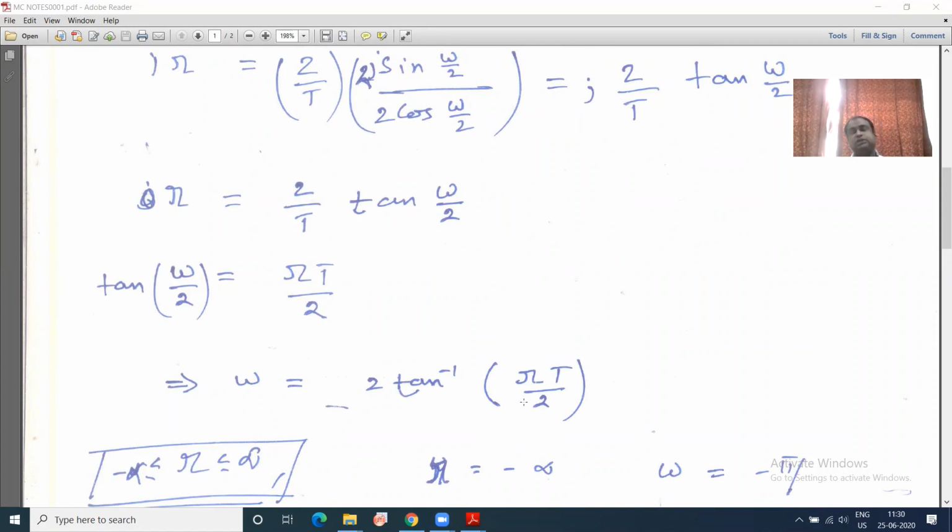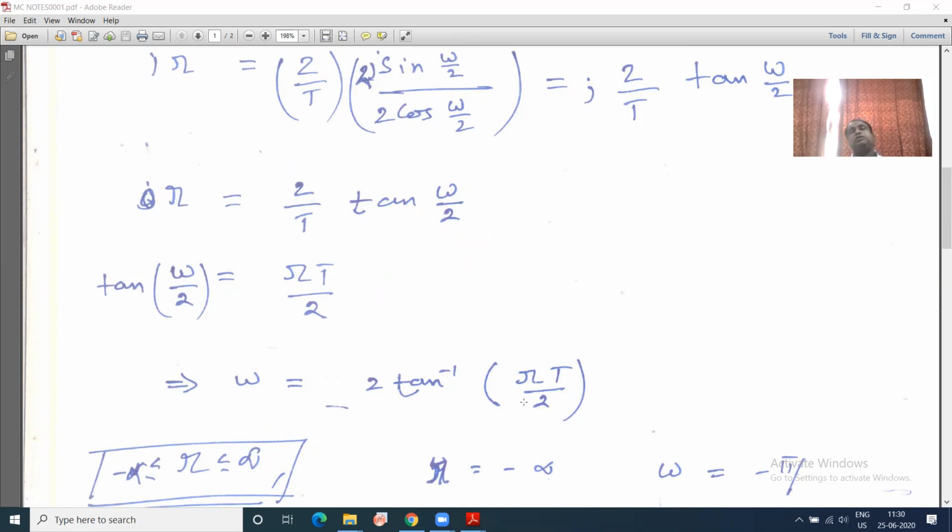Your digital frequency varies from 0 to 2 pi or minus pi to pi, because the discrete time Fourier transform is a continuous function of digital frequency and periodic with period 2 pi, which you have learned several times earlier.